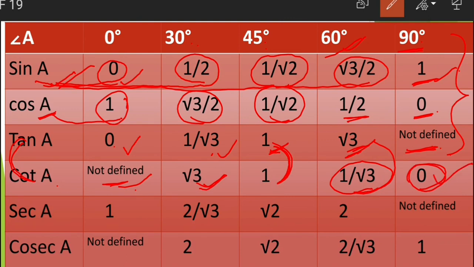Like this you have to practice the table. Secant is the multiplicative inverse of cos. So just see the table and practice the values. Based on these values we have to do the exercise problems.